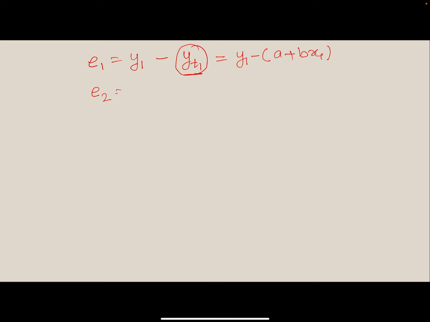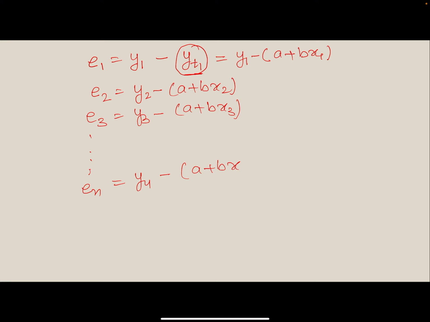Similarly, E2 is y2 minus (a plus bx2), E3 is y3 minus (a plus bx3), and similarly we have so on up to En. So these are the errors.